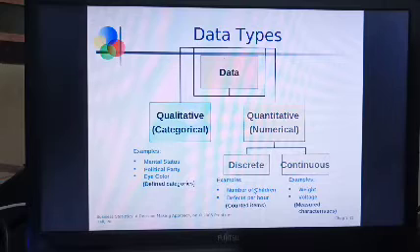Under this are discrete and continuous data types. Examples of discrete are number of children, or defects per hour in the case of, say, a parts manufacturing company.